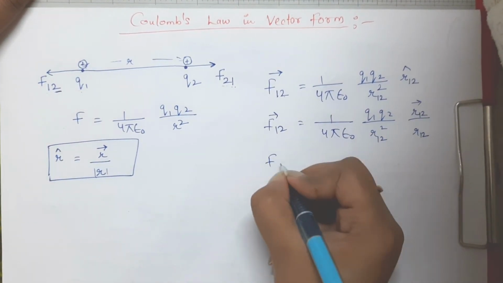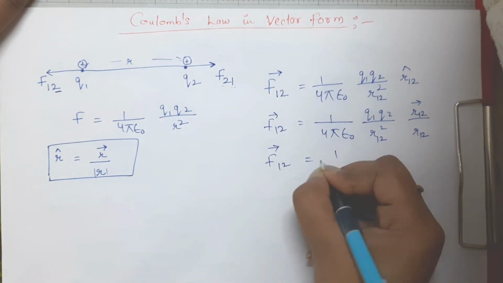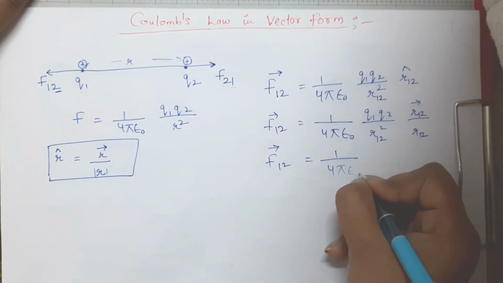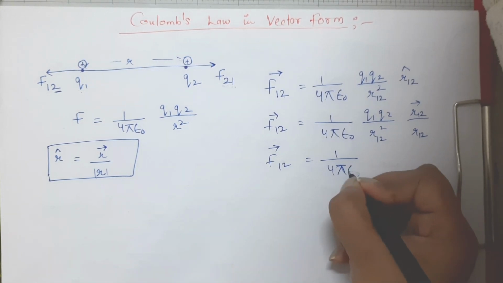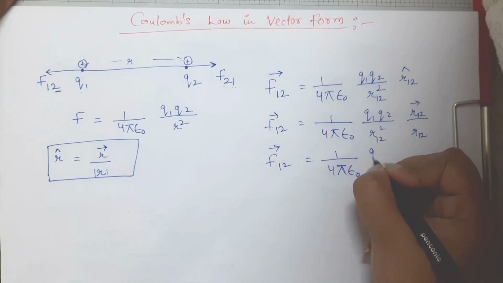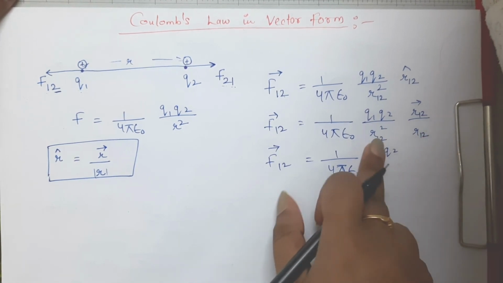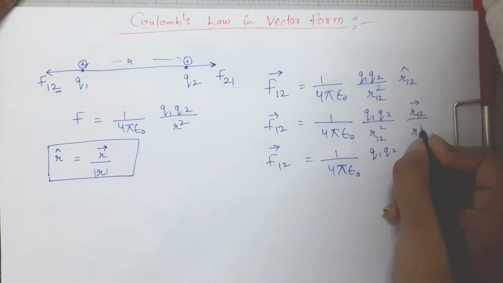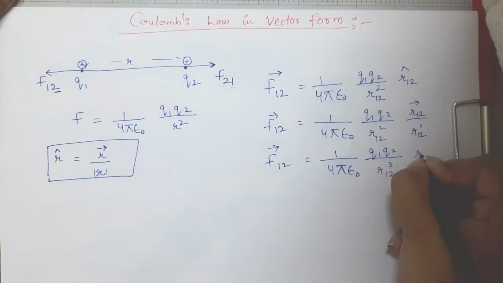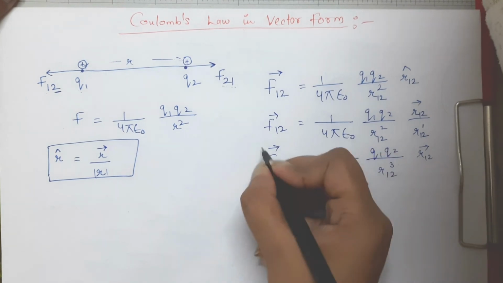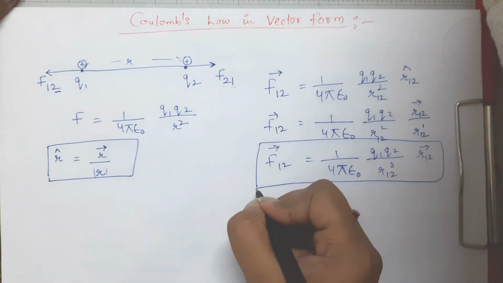So now F of 12 will be equal to 1 by 4 pi epsilon naught q1 q2 by r12 square, and with the power 1 from the unit vector, it will be r12 cube into the r12 vector. So this is in vector form.